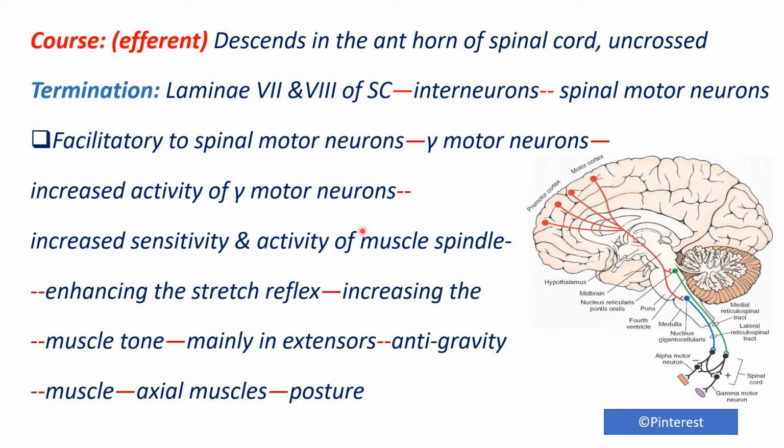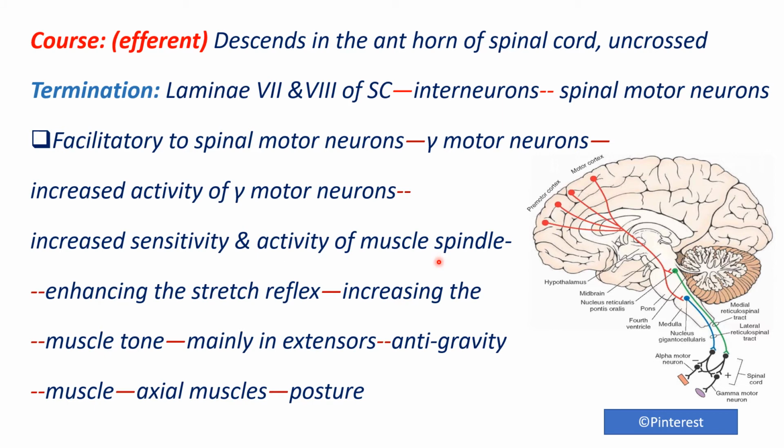So what is it facilitating? It is facilitating the spinal motor neurons, mainly the gamma motor neurons. We have already studied that gamma motor neurons are responsible for maintaining the tone in the stretch reflex. Whenever there is stimulation of the gamma motor neurons, there is increased activity of these motor neurons. This leads to increased sensitivity and activity of the muscle spindle.